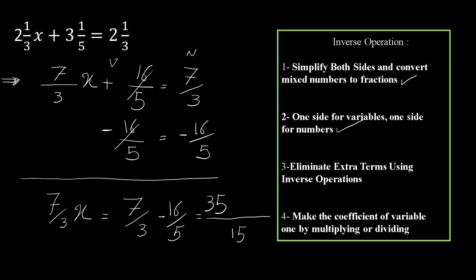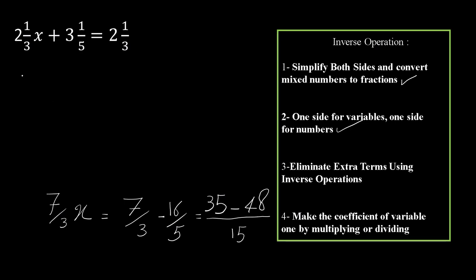And 5 is multiplied by 3, so 16 must be multiplied by 3, and it's going to be 48. Let me erase the board to make some space for myself. Okay, so consequently, we are going to have 7 over 3 x is equal to, I'm going to write the continuation at the top.